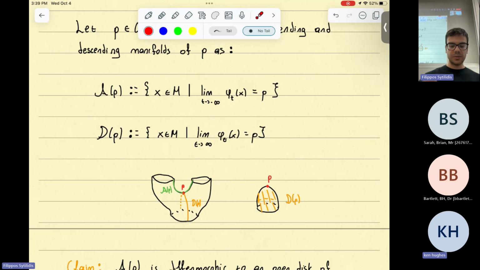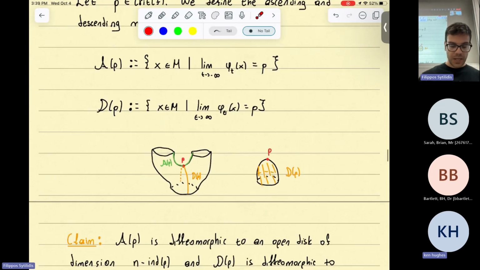Likewise, the descending manifold of P is all of these points in X that eventually will flow to P. So this is what the orange, I think, looks like.